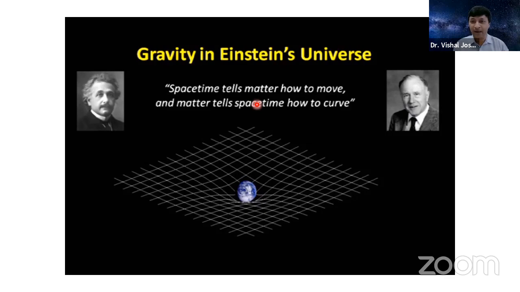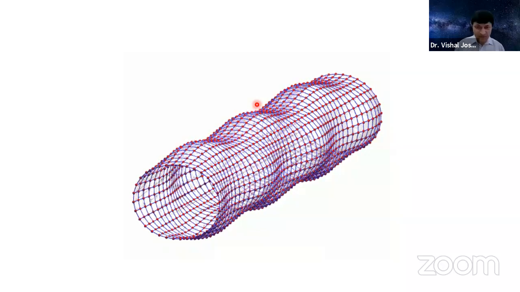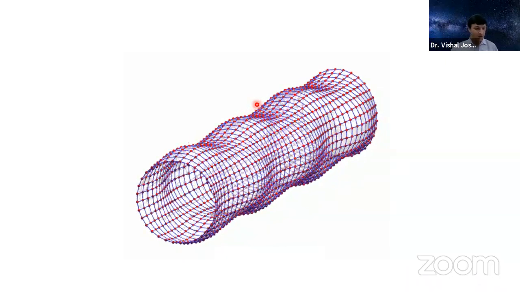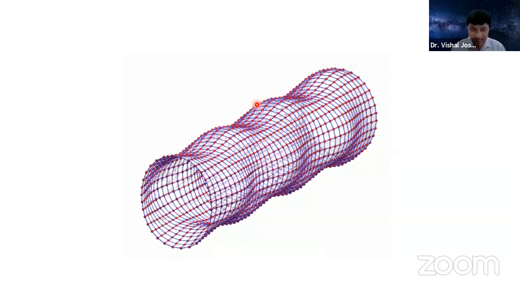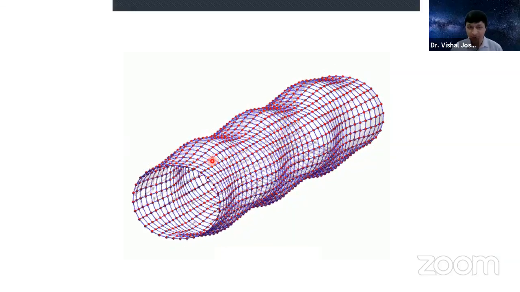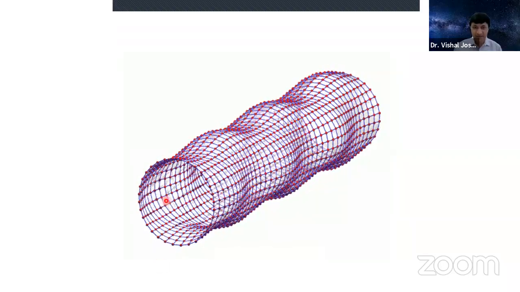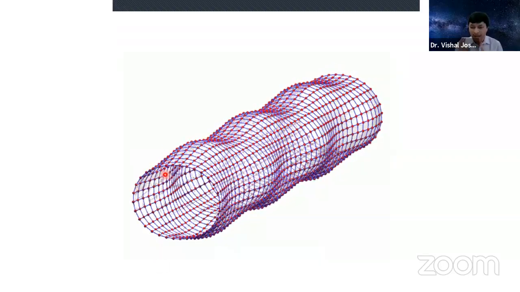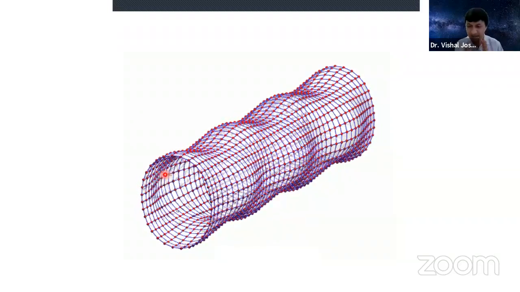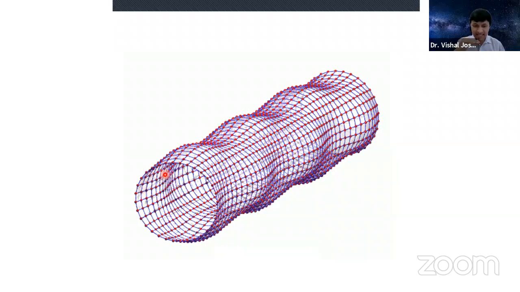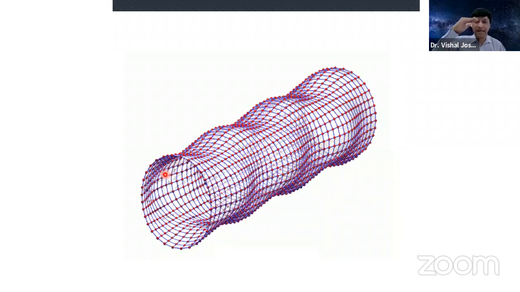Now, gravitational waves are different from the waves we have encountered, like sound waves or water waves. They are actually 4-dimensional waves, waves in space and time. So this wave passes in such a way that if it is passing through some material, let us say through the Earth, it will shrink along one axis and expand along the perpendicular axis.